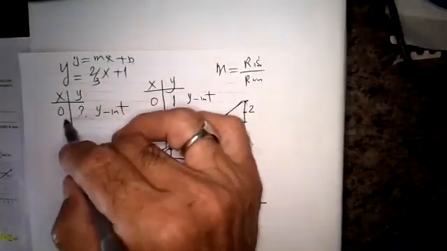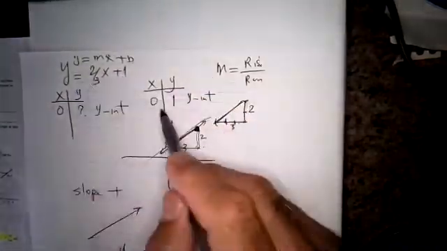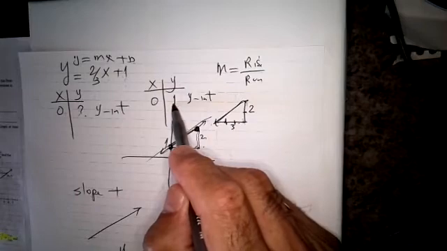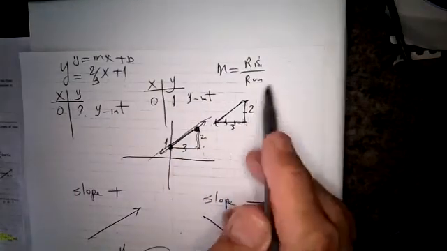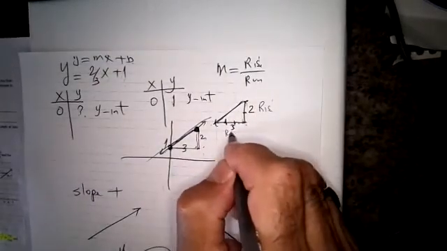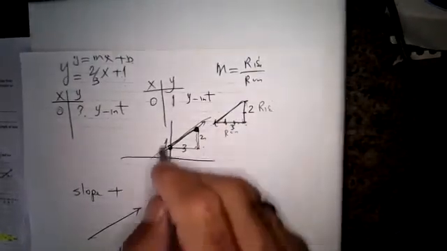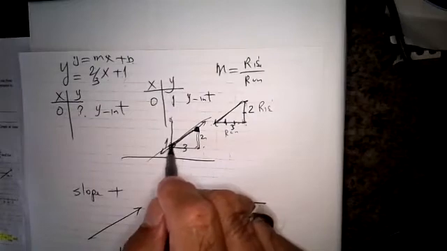Remember, y-intercept is when x is 0? If I put x = 0, what's the value of y? 1. So (0, 1) is your y-intercept, and your slope is 2/3, rise over run. So first you find that point, the y-intercept, (0, 1).